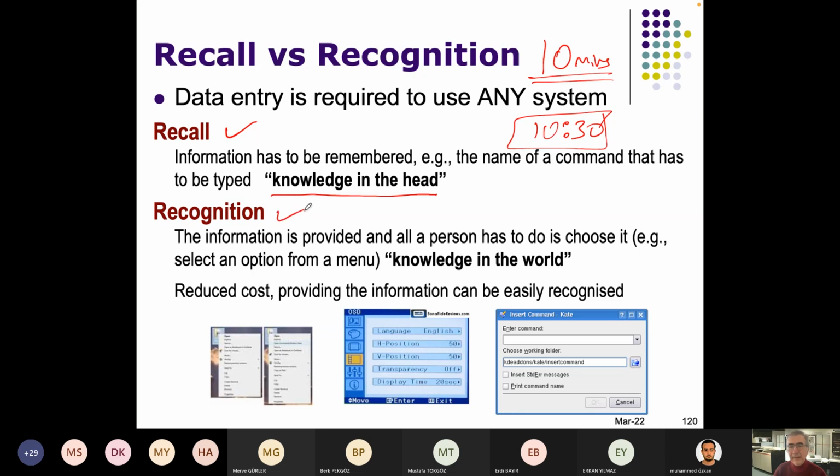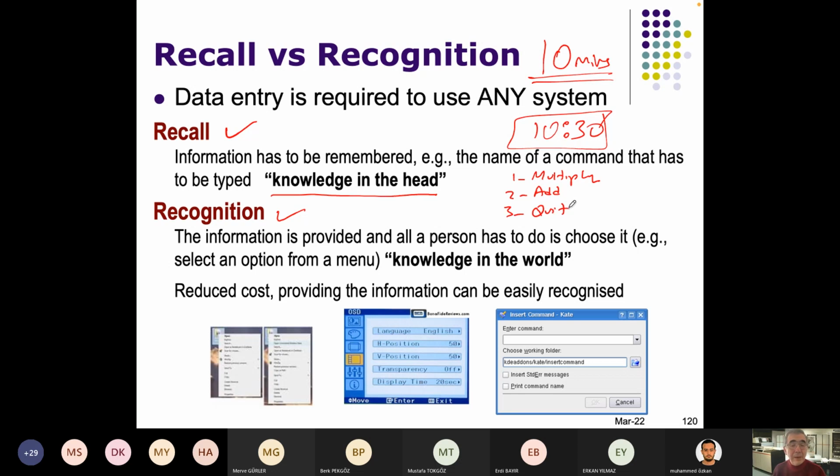Recognition, on the other hand, is giving you a menu. That menu may be window based or text based. Text based menus like 1, multiply, 2, add, 3, quit.